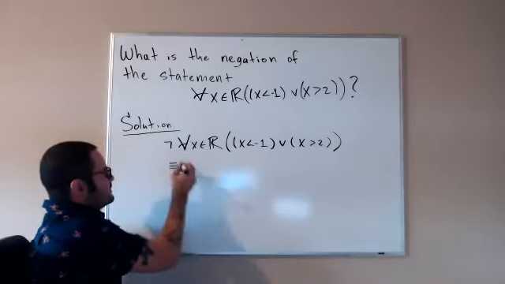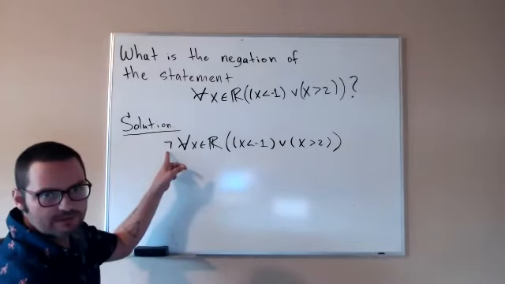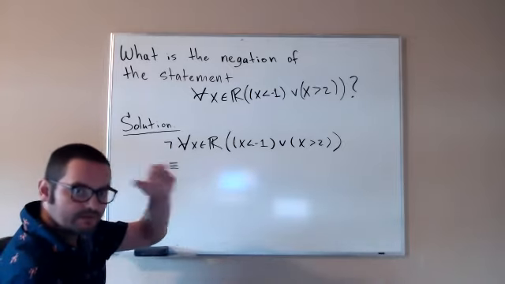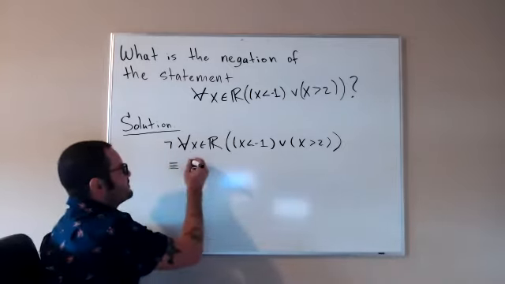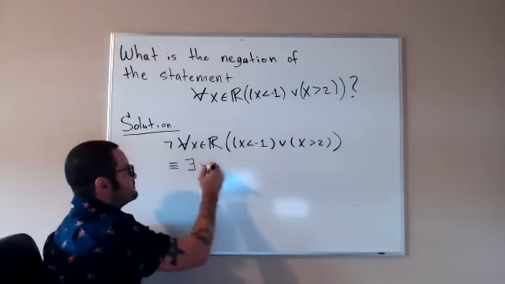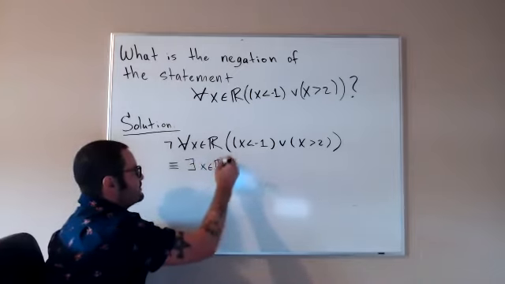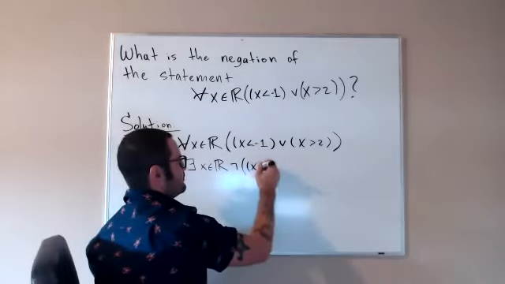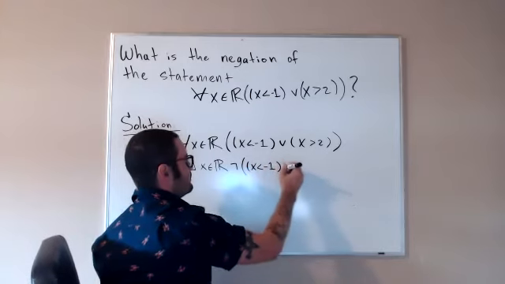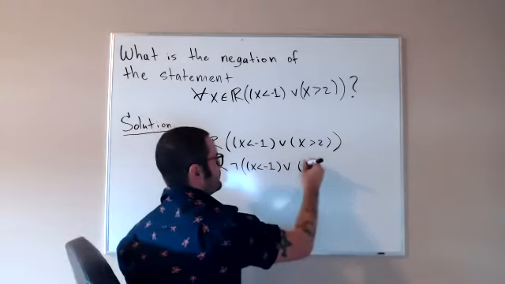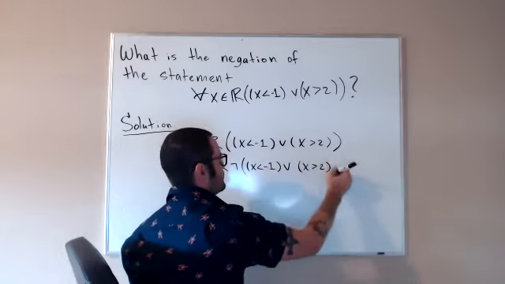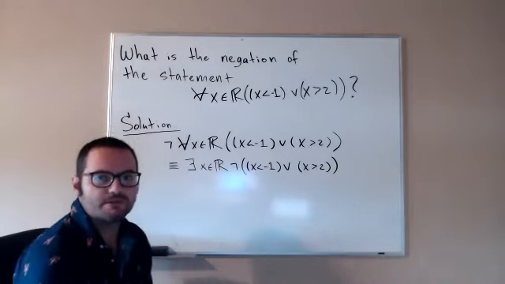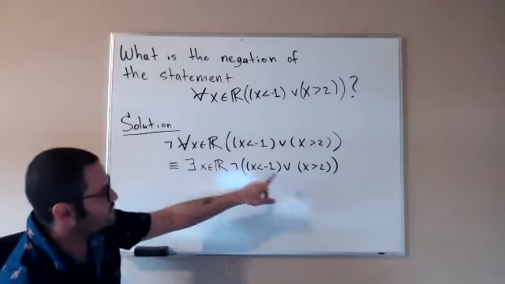And this will be, as you recall, the negation of the universal is the existential of the negation. This is the De Morgan's Law for quantifiers. So this will become, there exists a real number x, such that it is not the case that this stuff here. Okay, but we're not done, because now we have the negation of the or.